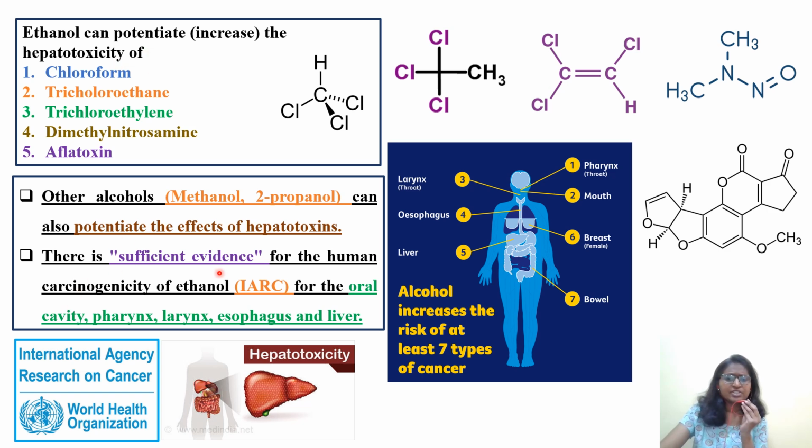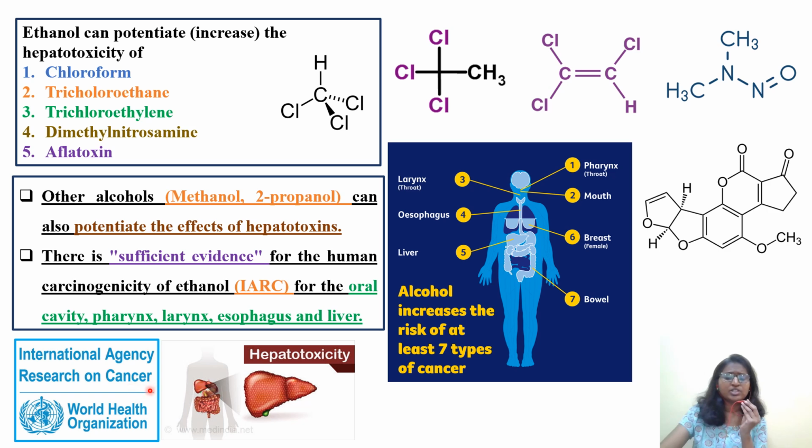Next, there is sufficient evidence for the human carcinogenicity of ethanol by IARC for the oral cavity, pharynx, larynx, esophagus and liver. An important thing we need to learn is about IARC. IARC is the International Agency for Research on Cancer. What does it do? It conducts studies on certain chemicals which they identify as having potential for causing cancer.